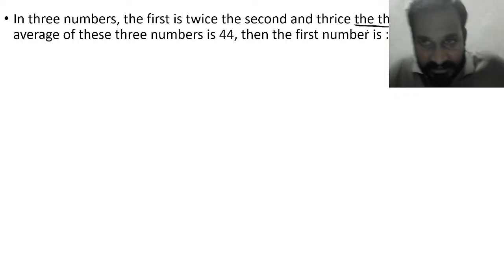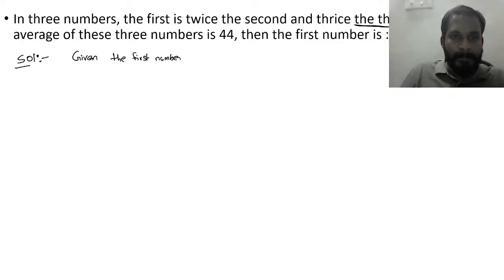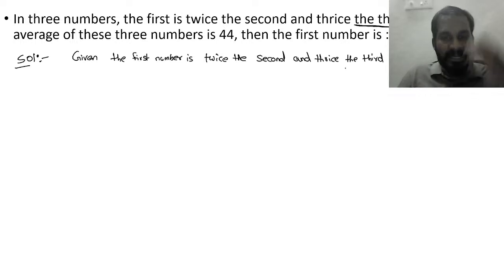So, the solution for this. Given, write down the relation. The first number is twice the second and thrice the third. So what we will do is assume the things.